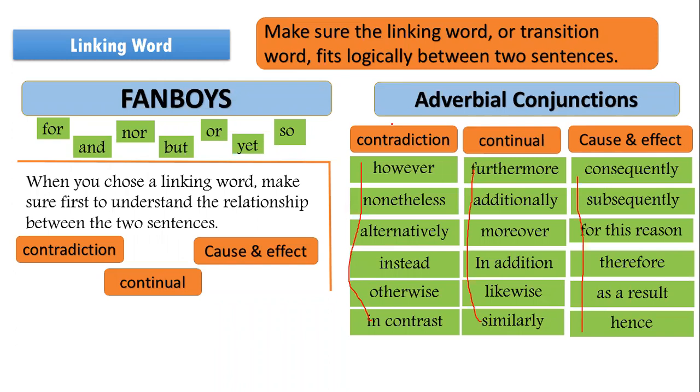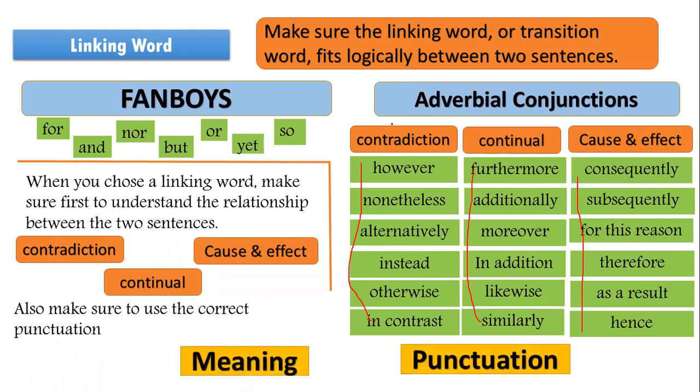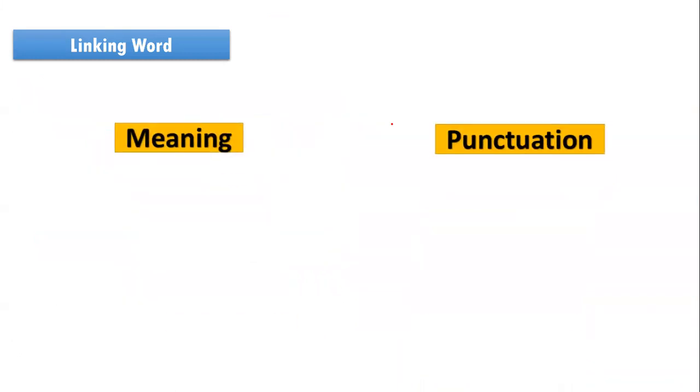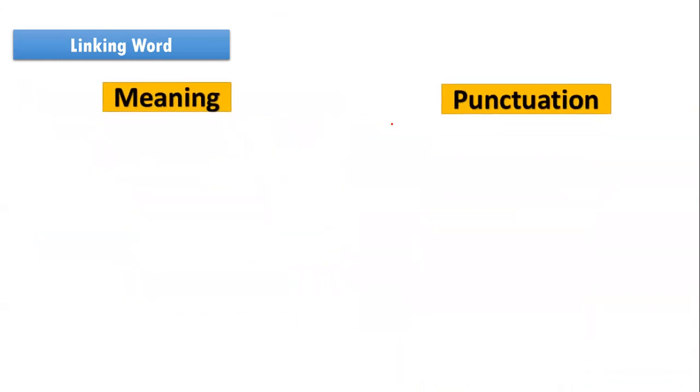The second thing is also make sure to use the correct punctuation. So we're talking about meaning and punctuation before you pick furthermore, or however, or consequently, or but, or yet, or so. We have to check the meaning of the two sentences and the relationship, then the punctuation.